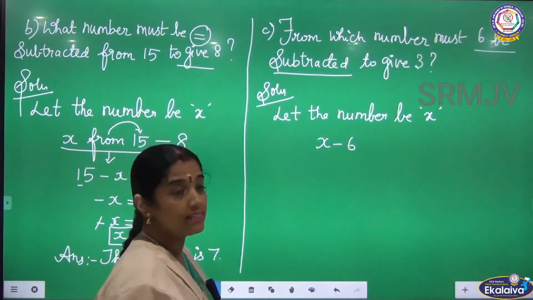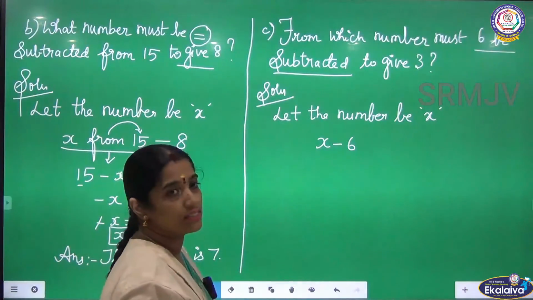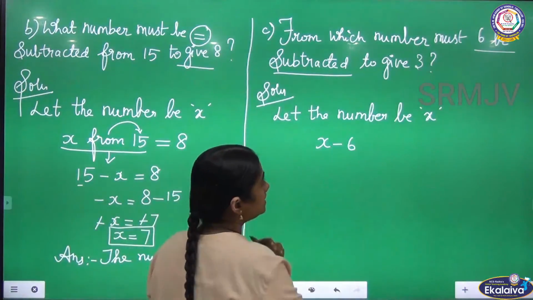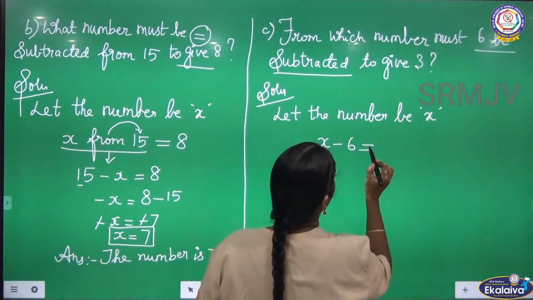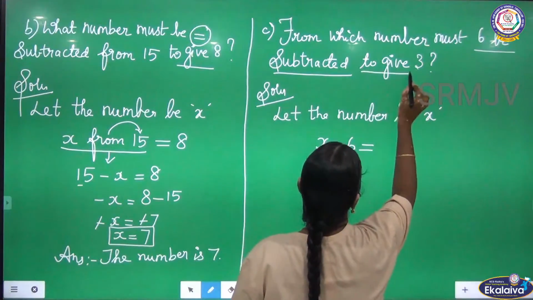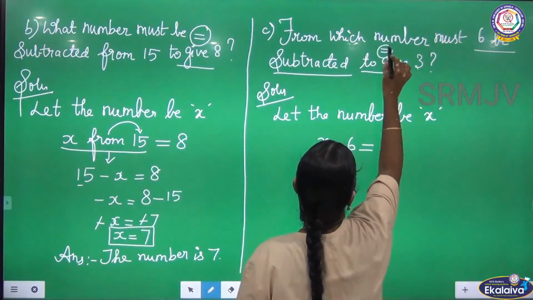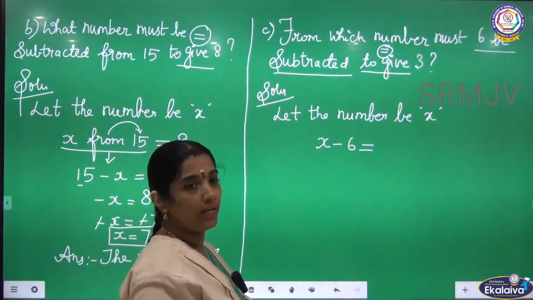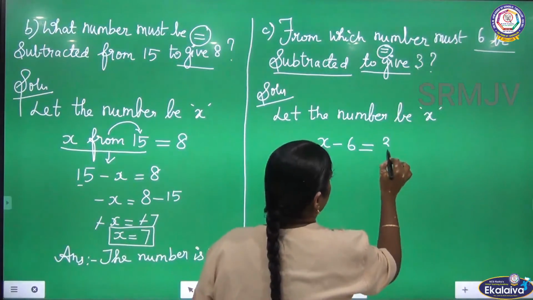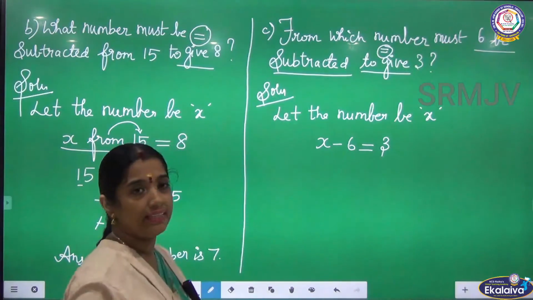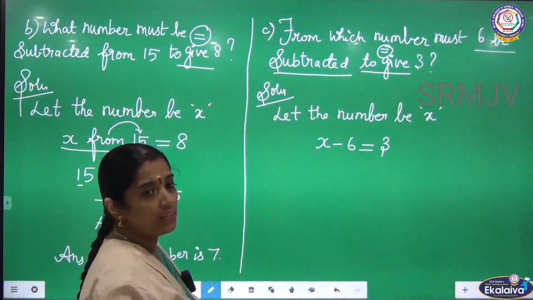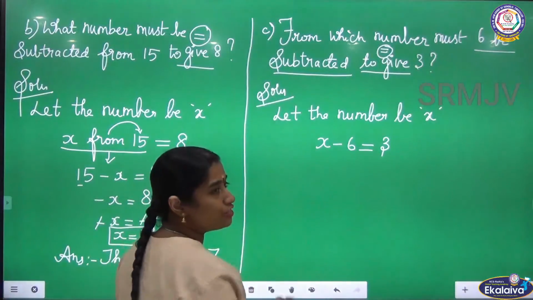Can you understand this? Subtracted 6. So minus 6 to give. I already said that to give is nothing but what? Equal. To give 3, as given in the question. So it is equal to 3.